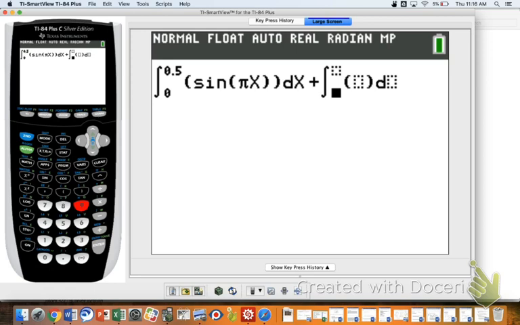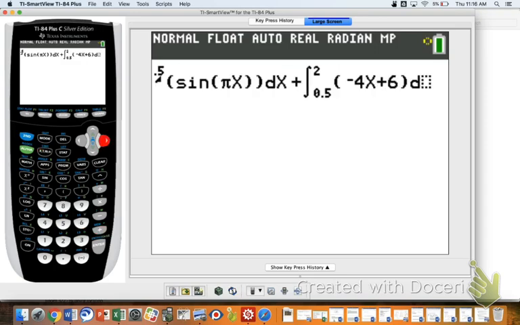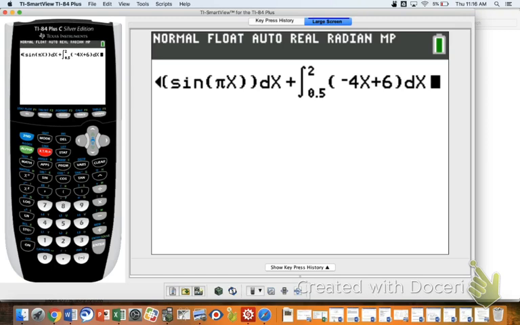So it'd be 0.5 to 2 of negative 4x plus 6 dx.